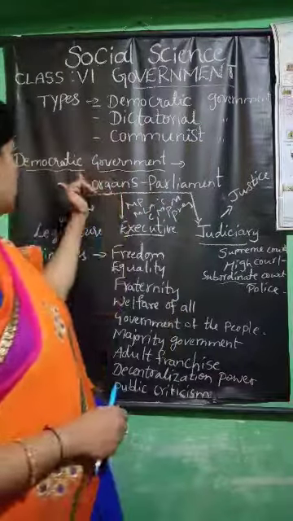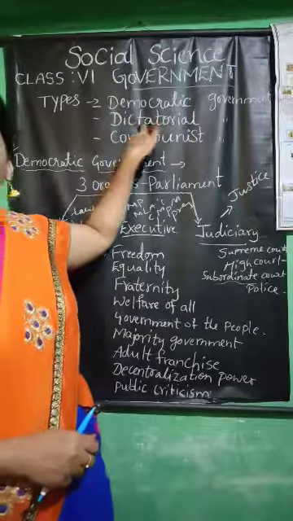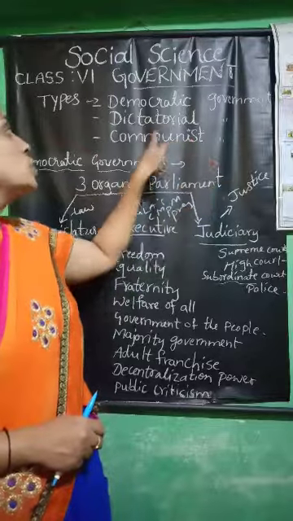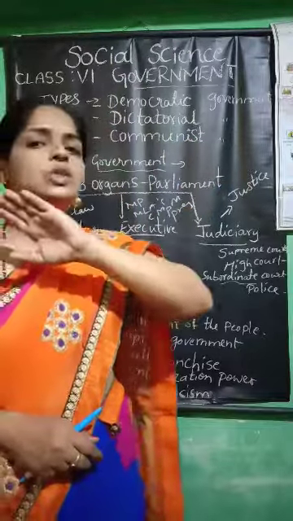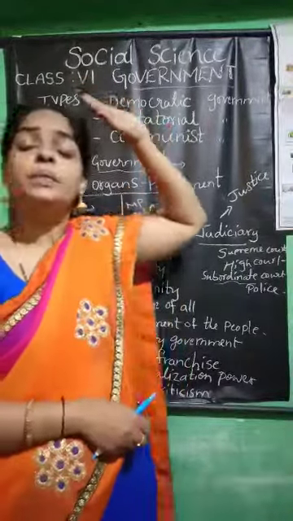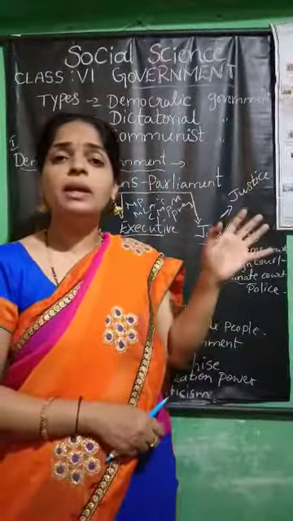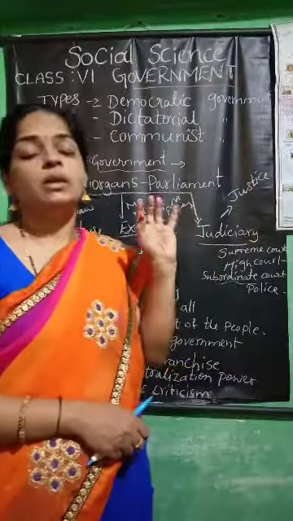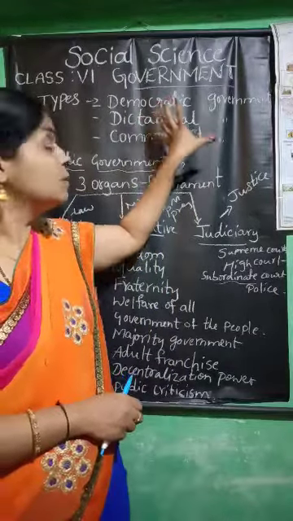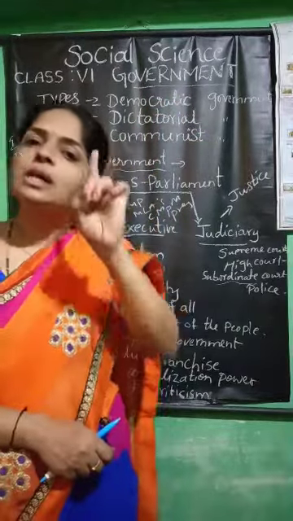Democratic government gives you freedom, equality, but the dictatorial government rejects them. Understood? It rejects the freedom. So only a single rule here. There is no other party, only one party or one association, and whatever rules Hitler made, everybody should follow. If anybody broke the laws, then Hitler would kill them. Like that type of government is called dictatorial, means a single ruler, single government.